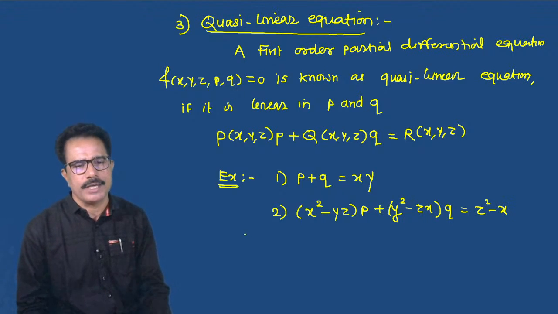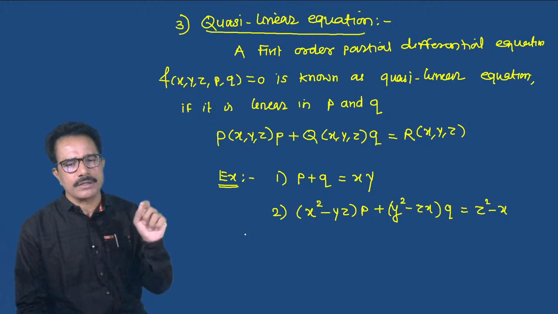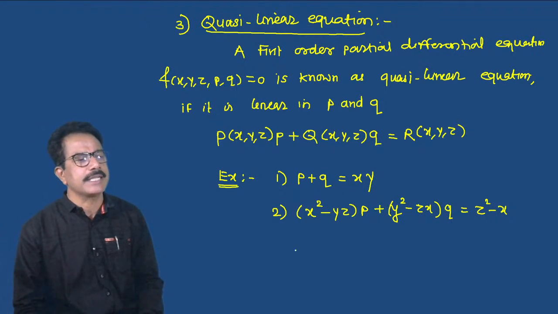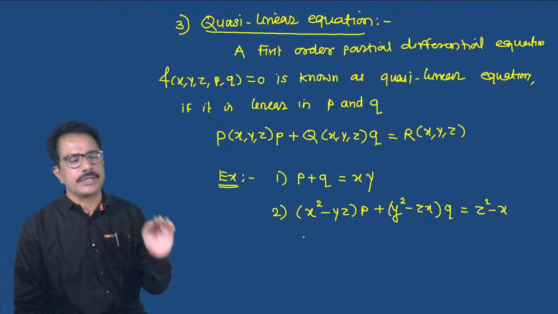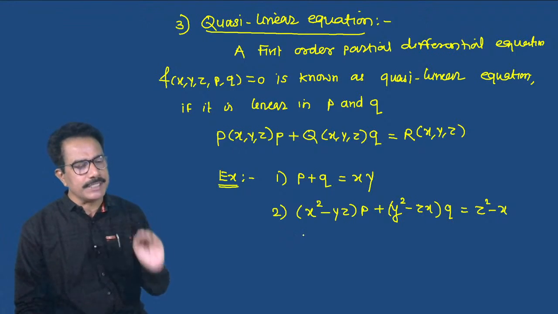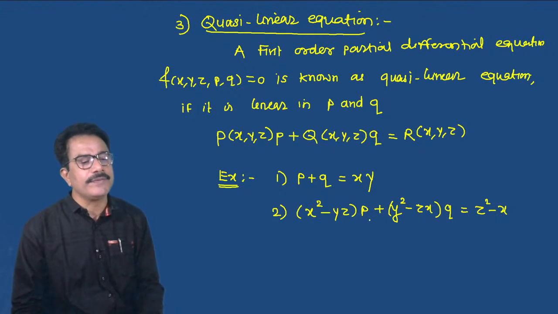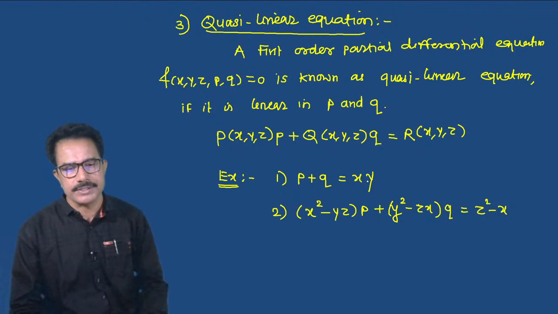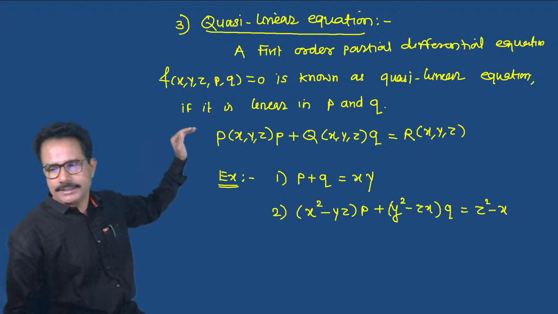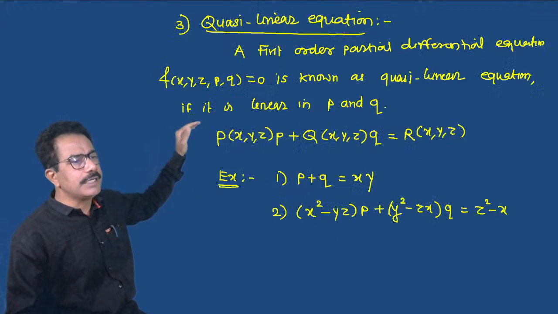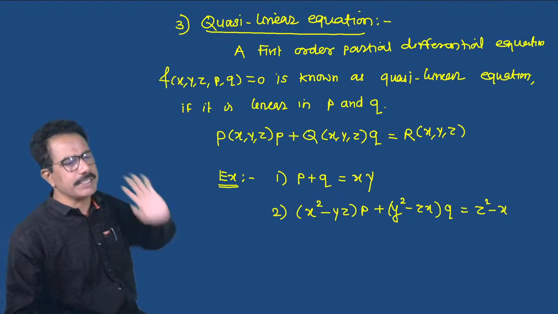These are examples of first order quasi-linear partial differential equations. There is no particular condition for the coefficients of p and q. So these are actually the third type, that is the quasi-linear partial differential equation.